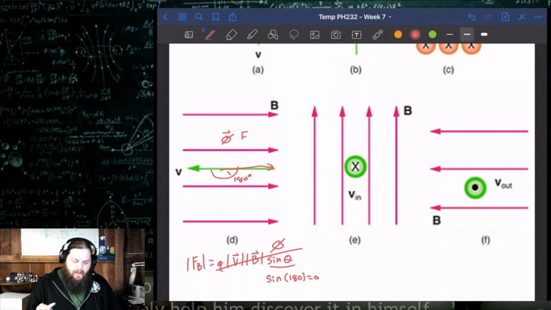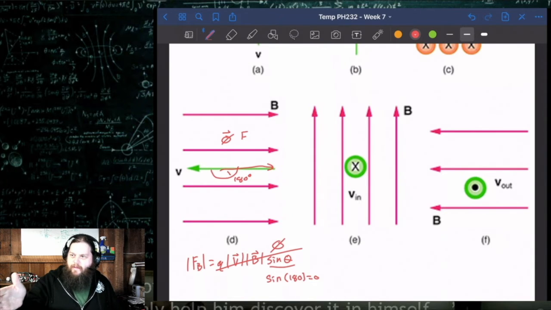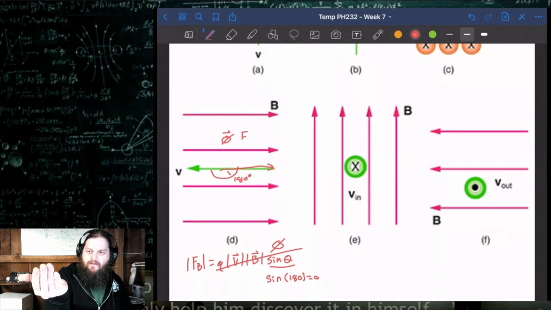Going on to E, E has the velocity going down into the page, right? So now we're going into the page, and I'm going to curl up. Going into the page, curling my fingers upwards because that's the direction of the magnetic field, my force is going to go to the right.